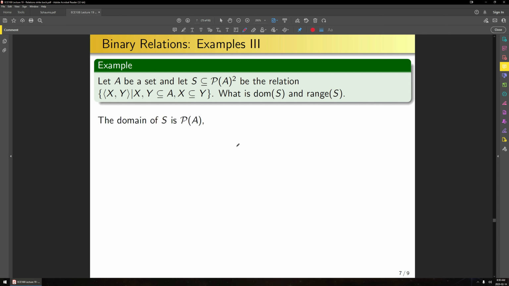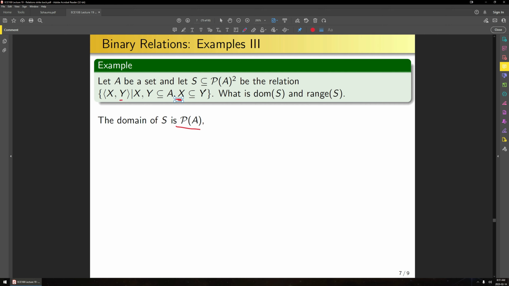What's its range? So the domain of S is just going to be the power set of A, right? So here, if you notice, if Y is all of A, which it's allowed to be, then in this case, I'd pick up all the subsets of A, which would give me the power set, okay? Now, the range is asking the question, what things can go in here for Y to have an ordered pair?